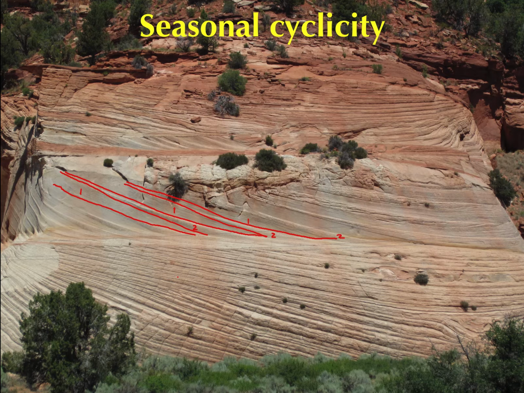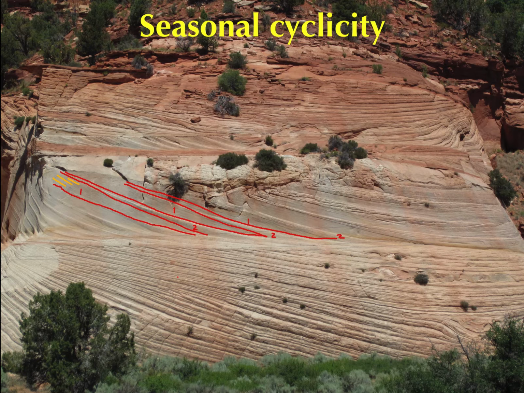You basically have a rhythm of a thick interval of sand that is cross-stratified like this, and then a thinner interval of sand that from a distance doesn't appear to have any cross-bedding at all, but is probably cross-stratified simply in a different direction.